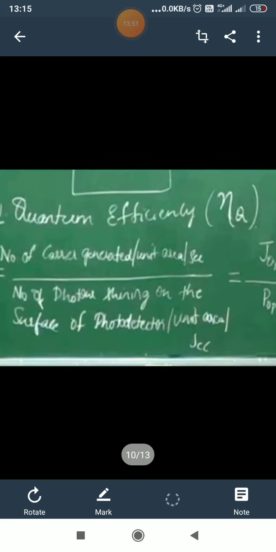Next, terminologies with respect to this particular photodiode. The first parameter is quantum efficiency. This is the symbol for the quantum efficiency, eta. The quantum efficiency is the ratio of the number of carriers generated per unit area per second to the number of photons shining on the surface of the photodetector per unit area per second.